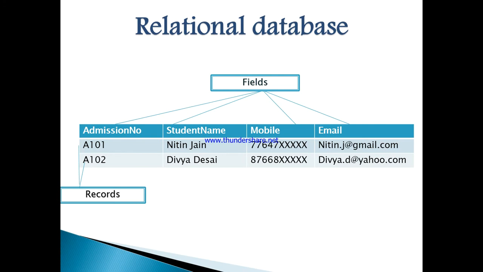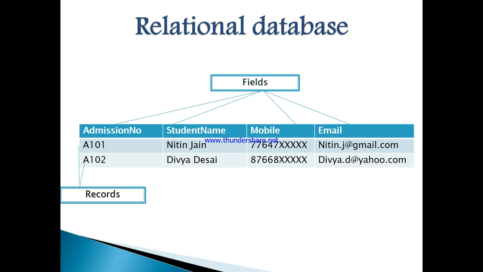So a relational database stores your data in the form of tables, organized into rows and columns. The rows are called records, whereas the columns are called fields. There are four columns: admission number, student name, mobile, and email. And there are two records, A101 and A102.